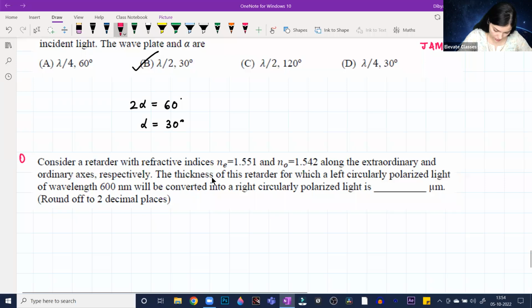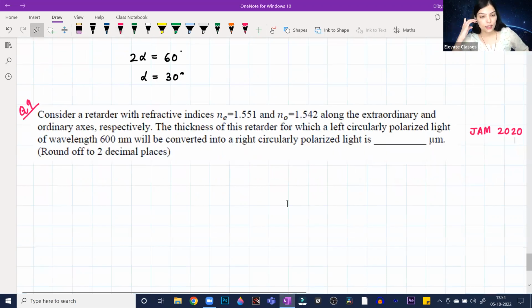So this is question 9. This is JAM 2020. So consider a retarder. Retarder means any optical element such as a half wave plate or quarter wave plate. So consider a retarder with refractive indices NE and N naught given, which are the refractive indices for the extraordinary and ordinary axis.